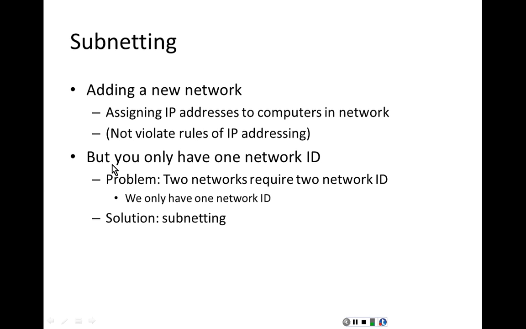So, you have only one network ID. And the problem is that if you're going to add a second network, 2 networks require 2 network IDs, but we only have 1 network ID. And the solution is subnetting.